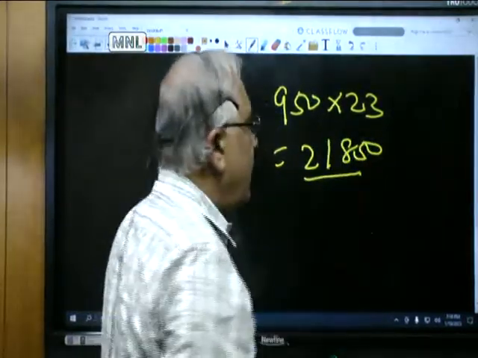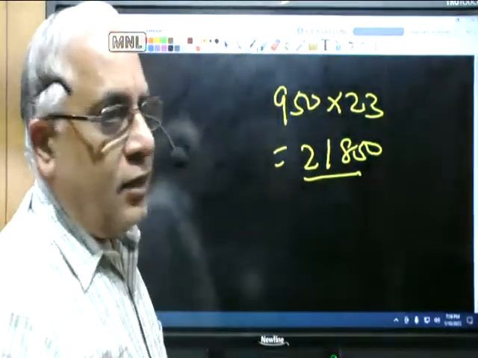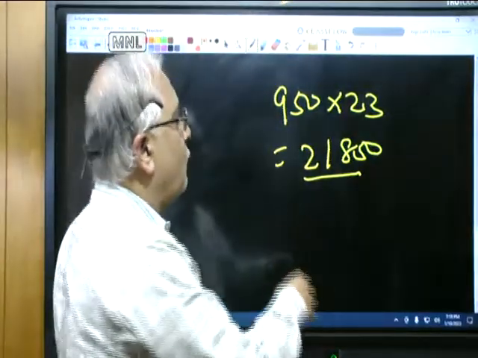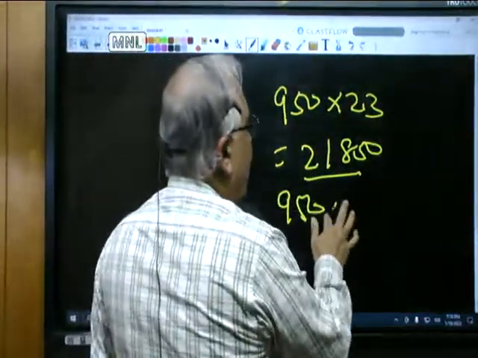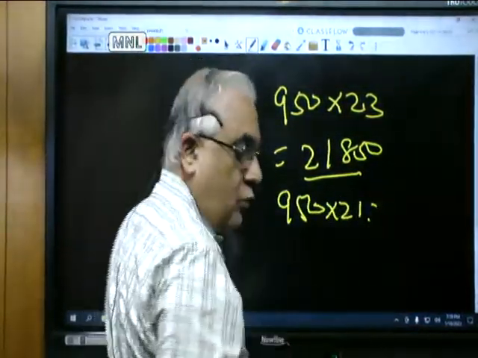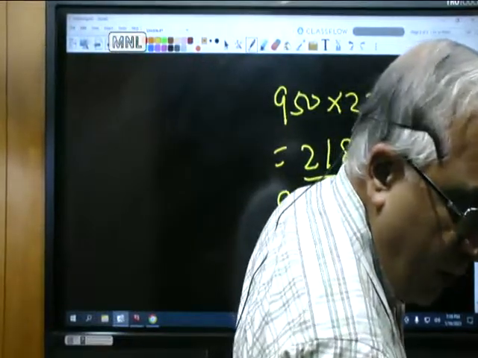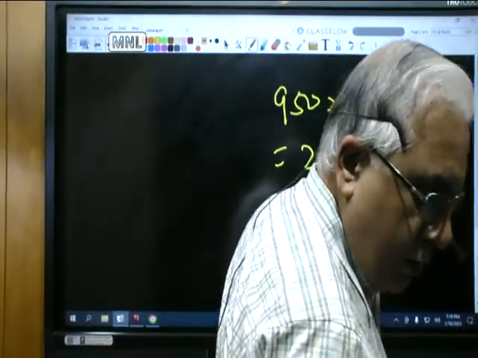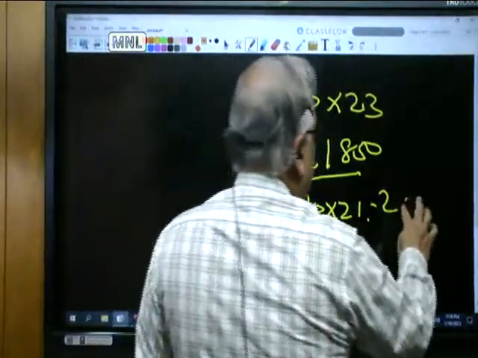Next year somewhere it's a good possibility that we can get this, and the base case scenario itself could be 950 into something like 21, which could be, one year from now, I'm saying it could be 20,000.